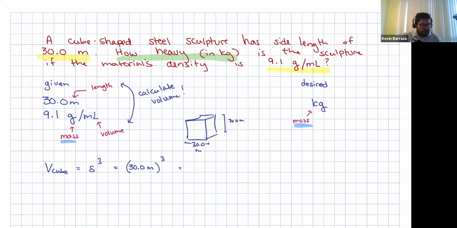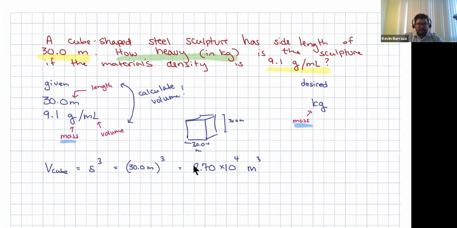So what is it in proper scientific notation? 2.70 times 10 to the 4. What is the unit? Well, in the calculation, it's meter. I am now raising it to the third power, cubic meters. Now we have the matching units that we need.